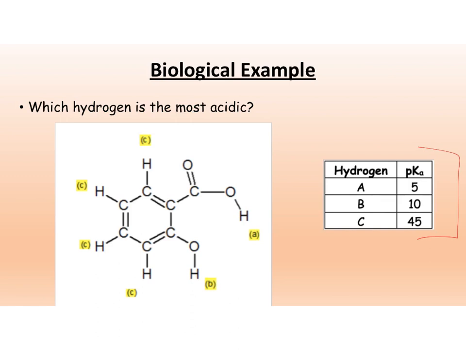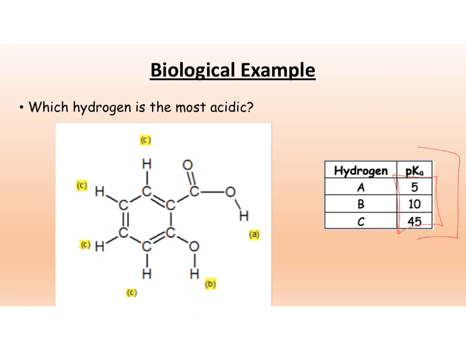If you look here, hopefully you notice that all of these hydrogens are considered C hydrogens because they're just attached to a carbon atom. And then you have B, which is attached to an oxygen that is attached to a carbon. And then here we have a hydrogen that's attached to an oxygen, which is attached to a carbon that is double bonded to an oxygen.